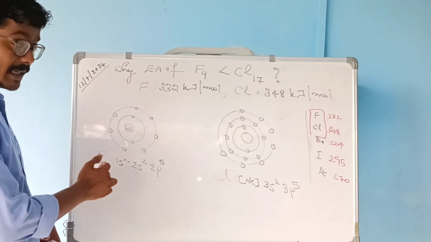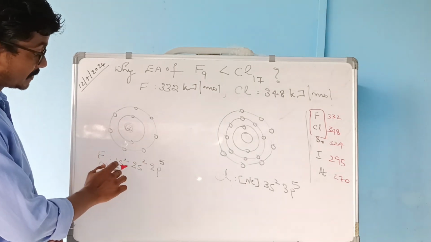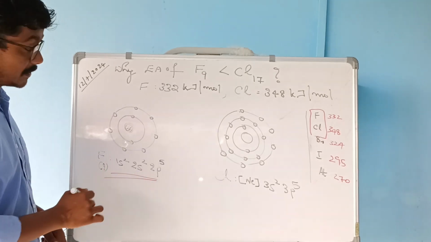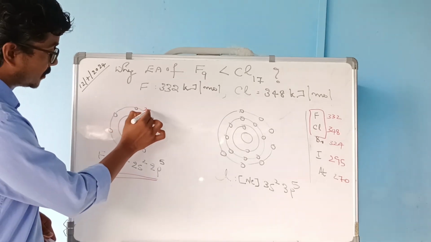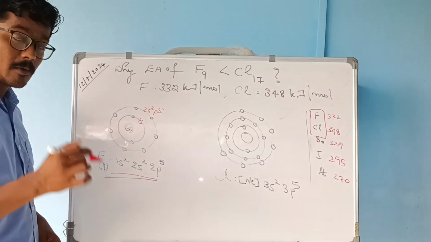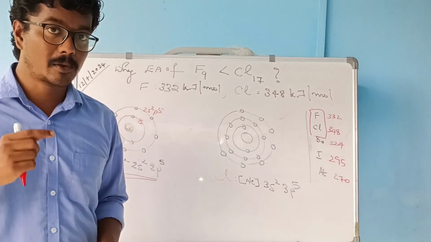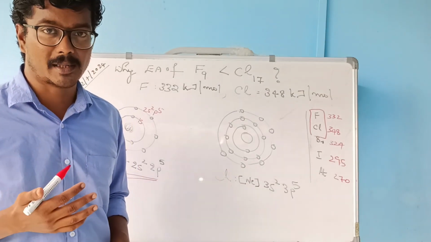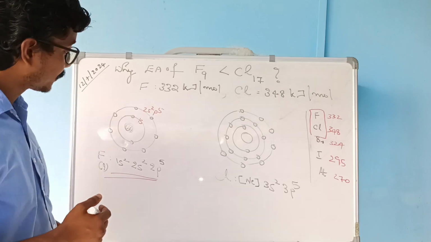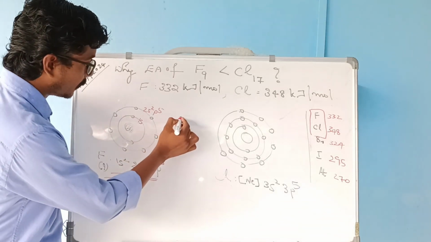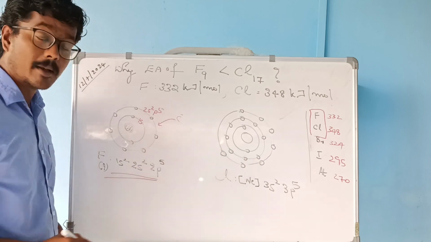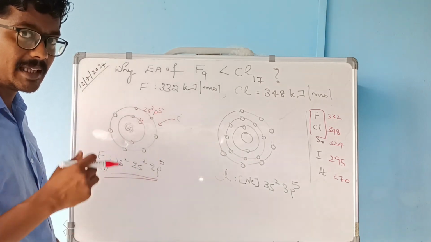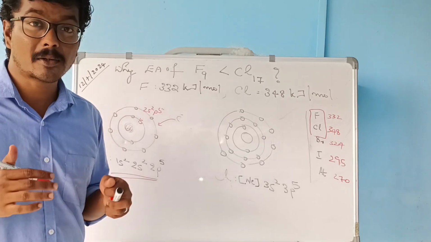So the electronic configuration of fluorine is 1s2, 2s2, 2p5. So we all know that this is 1s and this is 2s2, 2p5. The requirement of one more electron will let fluorine attain the noble gas configuration or octet completion, so it will become more stable, right? But when a new electron comes closer to this fluorine atom, there are already existing electrons, so it will cause electron repulsion.